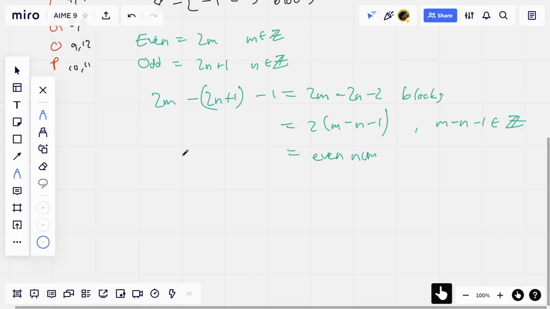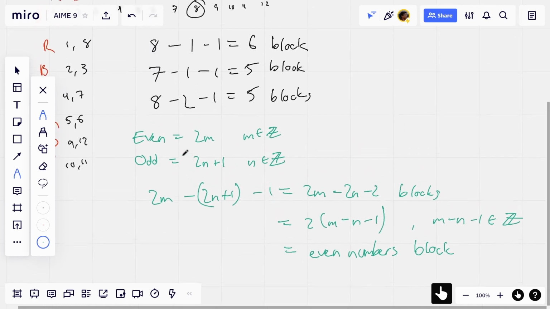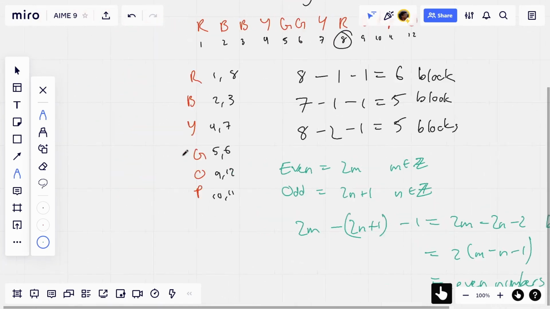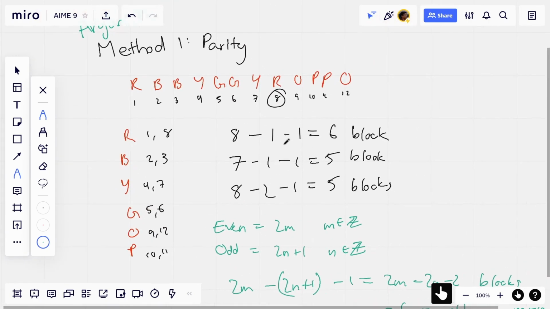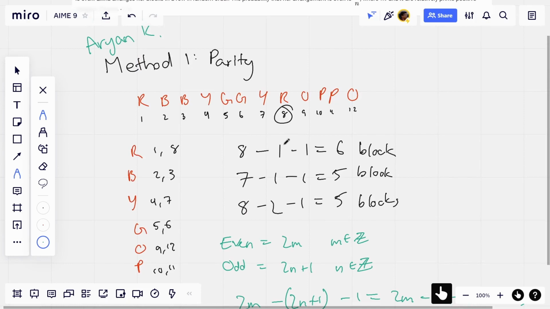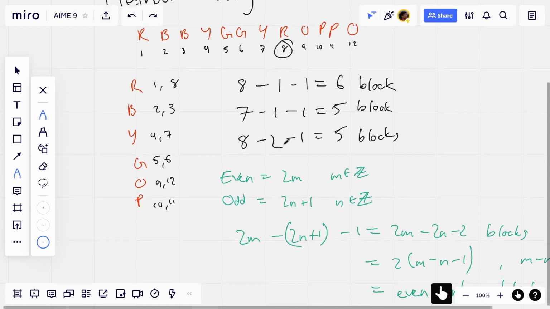And we need an even number of blocks between our two red blocks in order for us to have an even arrangement. So yes, indeed this is true. So now we can rephrase the problem: for each color, one of the blocks is going to be on an odd position, and the other block is going to be on an even position.